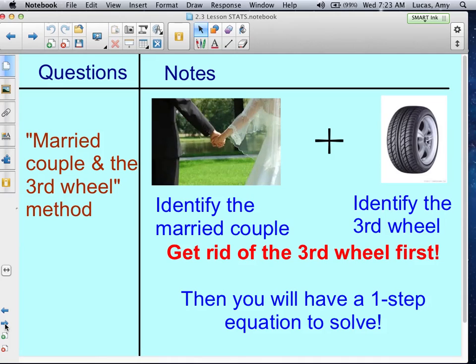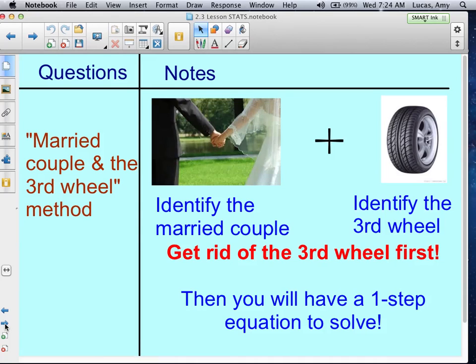You need to identify the married couple. The married couple part of the equation would be the variable and the number that is closest to it. Sometimes it's the coefficient, or it's a fraction with a letter in the numerator and a number in the denominator, because that could also be written as a coefficient that's a fraction.